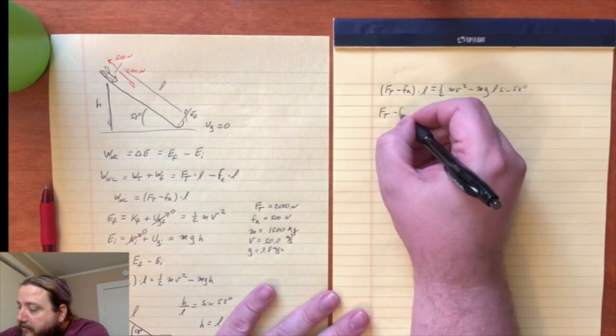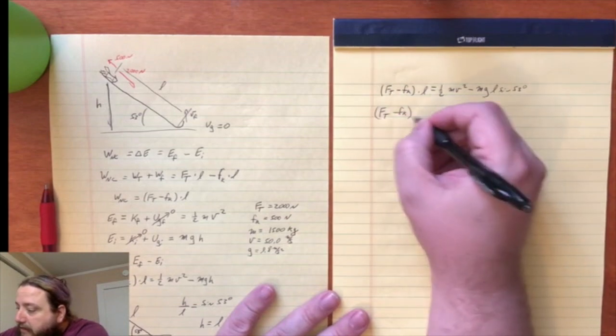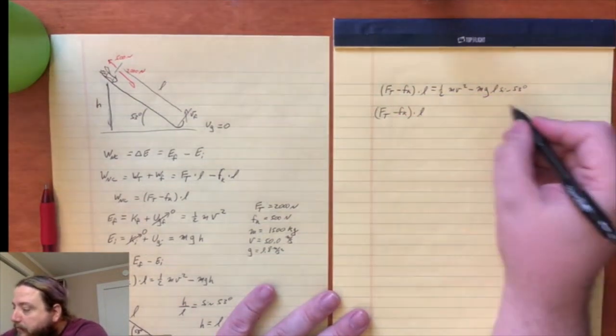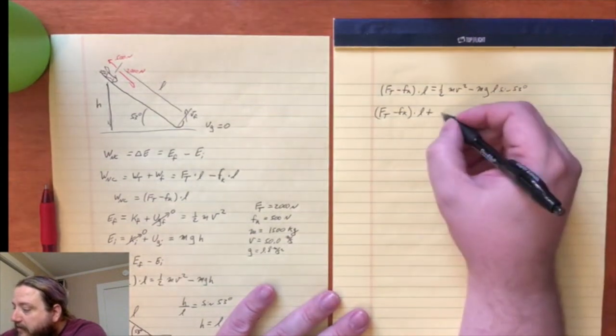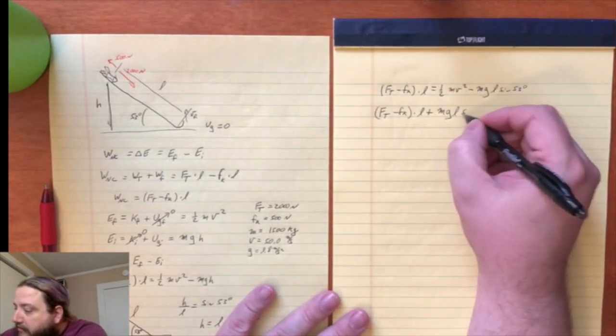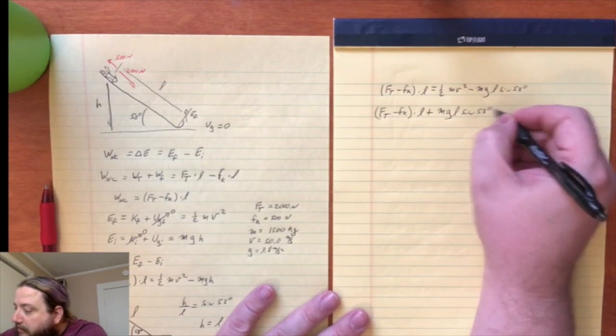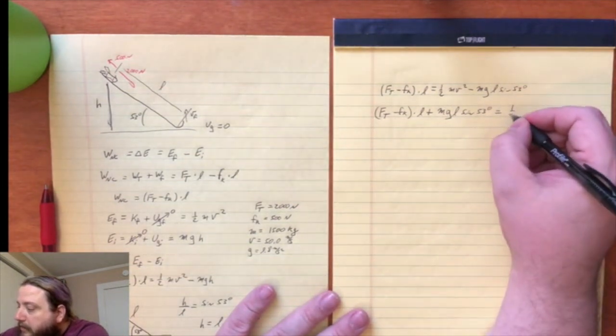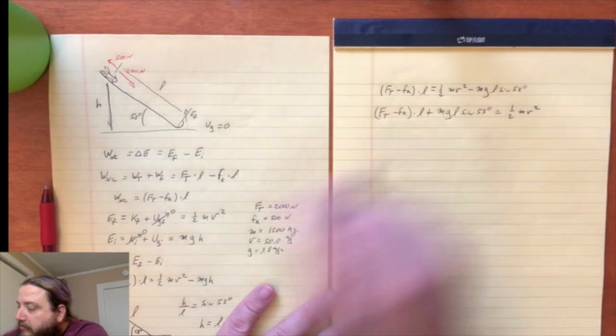Ft minus Fk times L plus mg L sine of 53 degrees is equal to 1/2 mv squared.